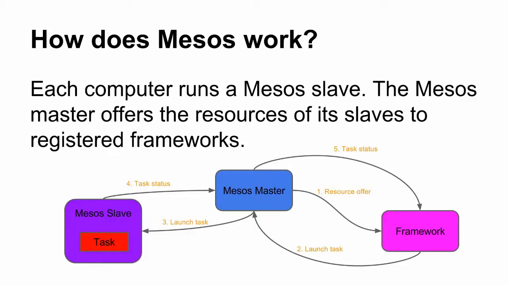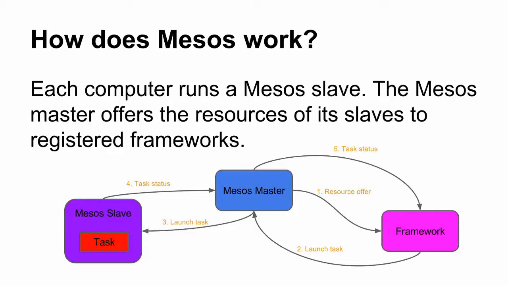So to go into the weeds a little bit, how does it actually work between the framework and the Mesos? First, the Mesos master will offer some resources to a framework. The framework can then either accept or decline that offer, and if it declines, then those resources are offered to someone else. Otherwise, the framework will reply with a task description.